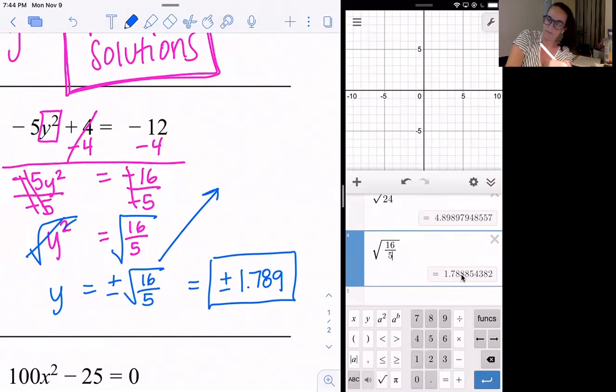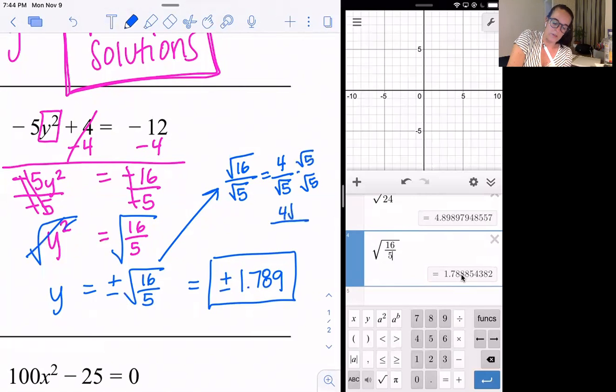in your, what is it called? Silly me. Your exact version, it would be square root of 16 over square root of 5. Square root of 16 I know is 4 over square root of 5. We have to do something called rationalizing, which is square root of 5 times the square root of 5. It's going to leave me with 4 square root 5 over 5.